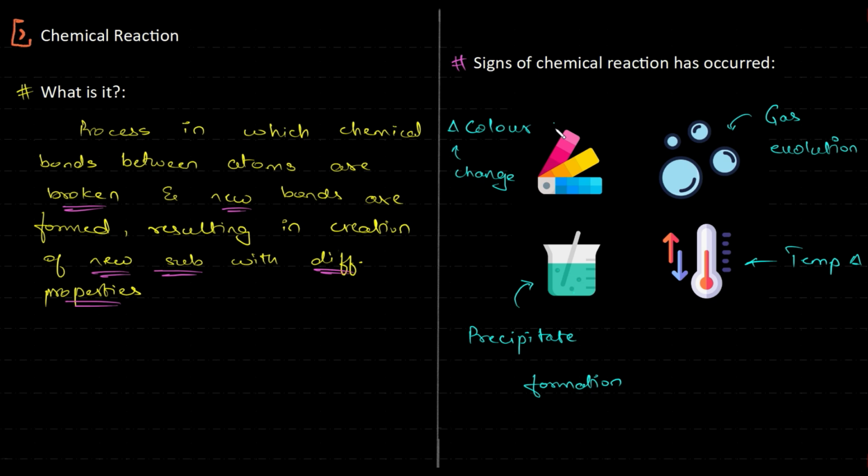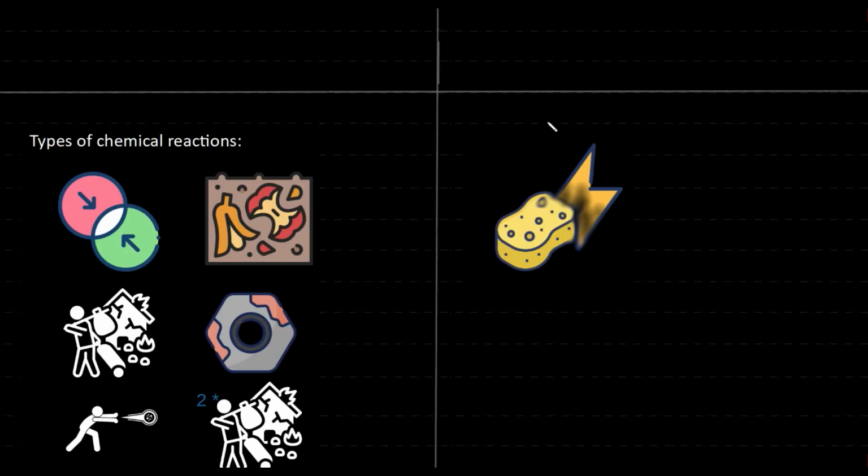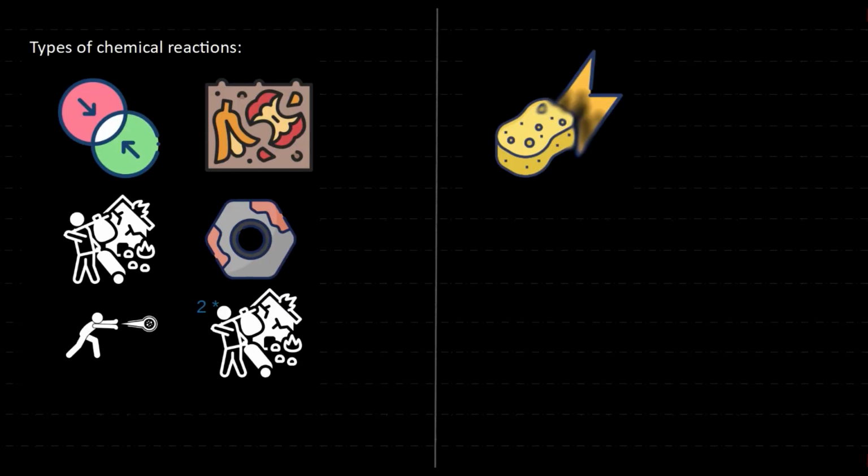So sodium bicarbonate, when mixed with vinegar, produces carbon dioxide gas. That's one of the examples. Then change in temperature, basically burning. That is also a chemical reaction. And precipitation, we'll see a specific set of examples later. So let me not go into that now, you might not understand it.